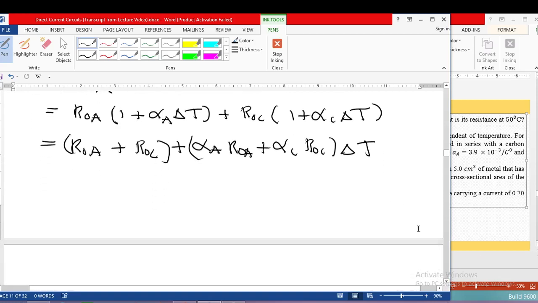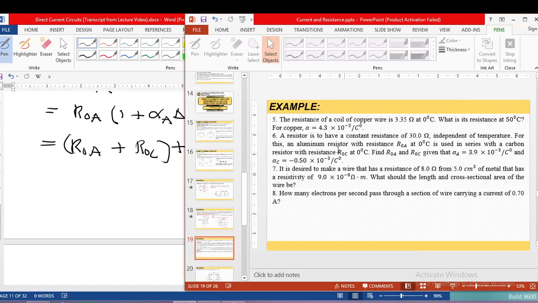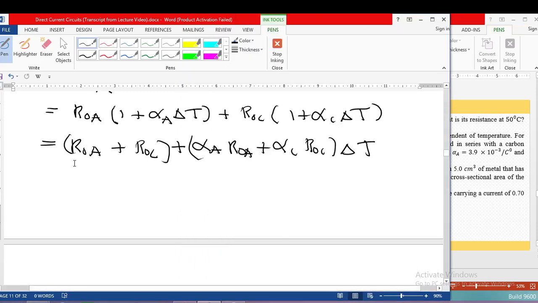So this one is independent of temperature, and we know that initially it has a constant resistance of 30 ohms. Meaning the sum of the two resistors, aluminum and carbon respectively, is equal to 30 ohms, since it is a constant resistance.